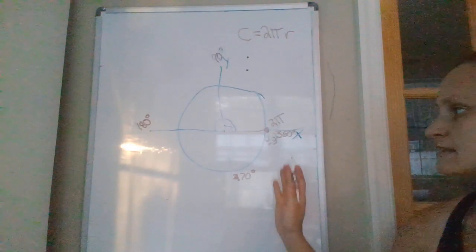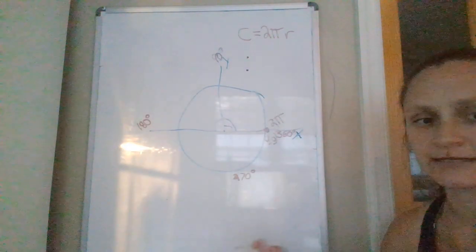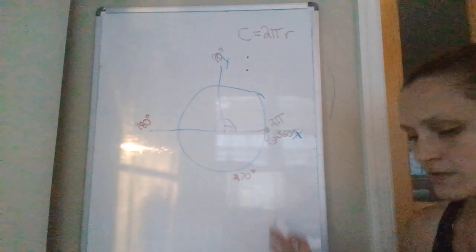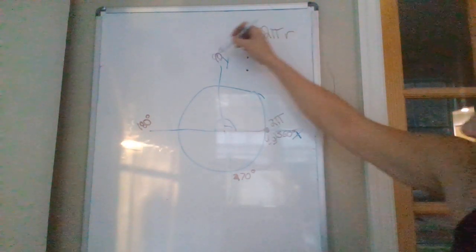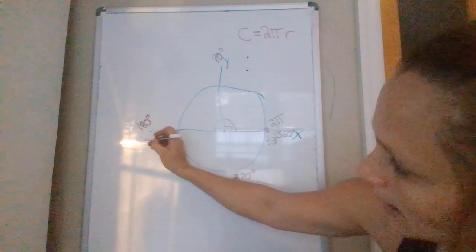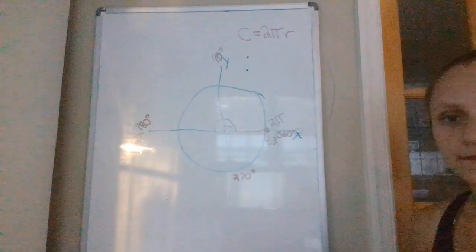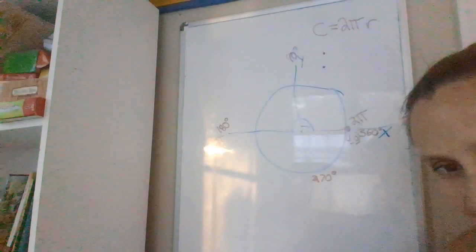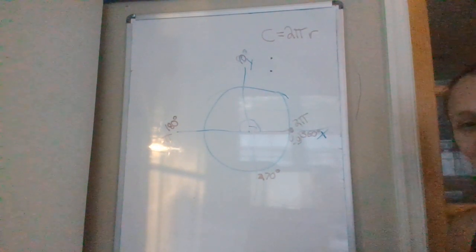So we start to get this similar measure for angles called radian measure, and we can convert between degrees and radians. If I went halfway around the circle, half of 2 pi is just pi. That would be pi radians.